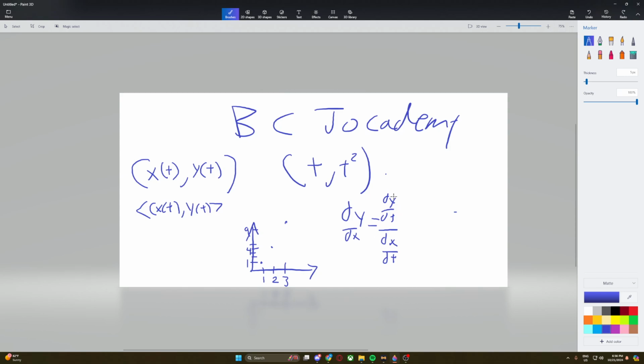And surprisingly, the double derivative, d squared y over dx squared, equals d of dy dx over dx over dt. Surprisingly.